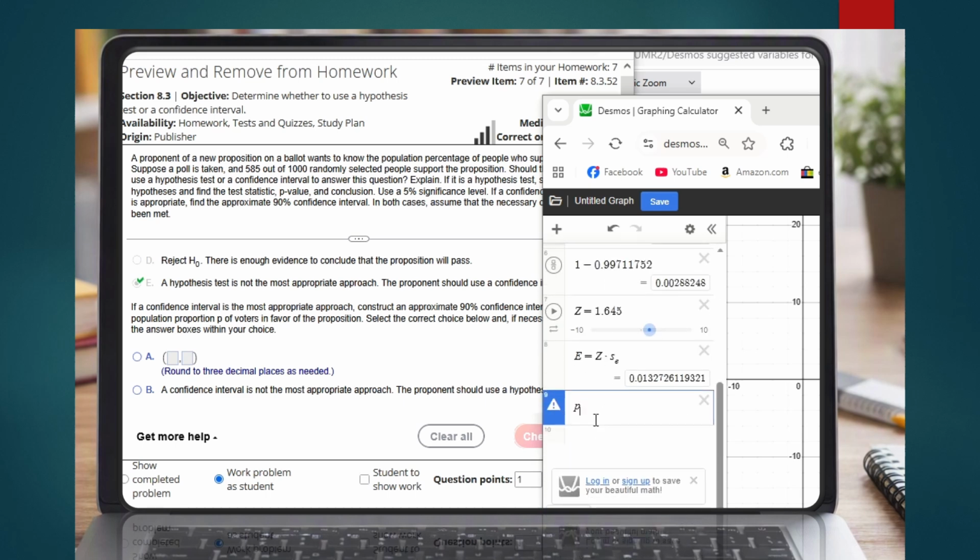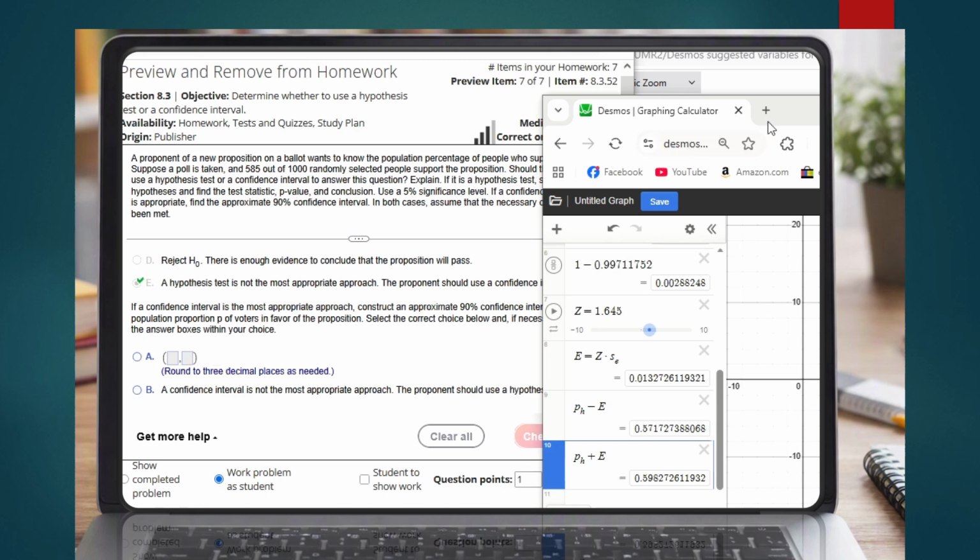P hat minus the margin of error, and p hat plus the margin of error. So there we should have our confidence interval. So it should be between 57 and 59% at 90% confidence.